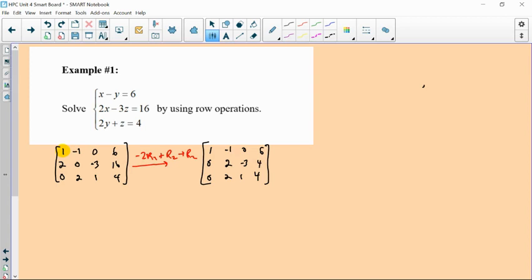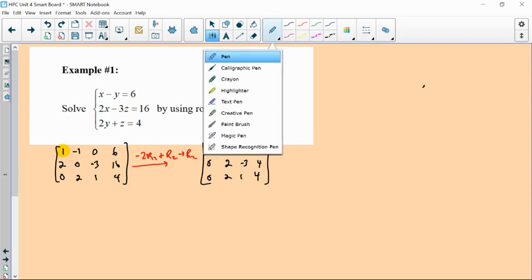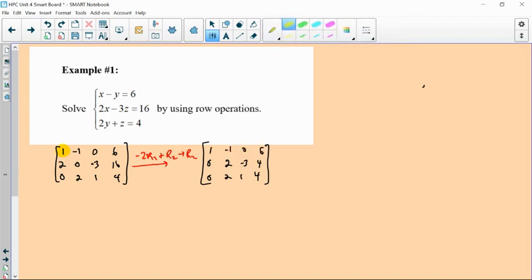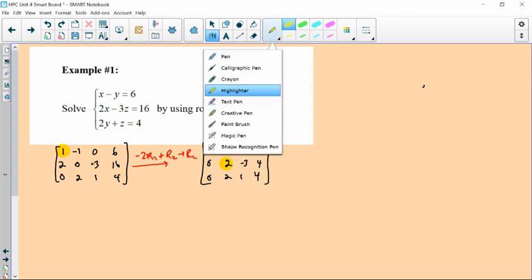Once we do that, our next job is to get a 1 in the next entry. So I want to make this a 1. I can do a couple different things, but I usually just multiply that row by its reciprocal. So I would multiply row 2 by 1/2 just to make that a 1. I think it's easier than doing a linear combination.